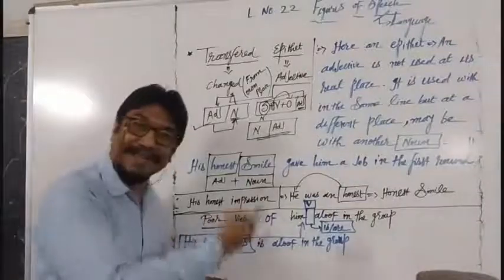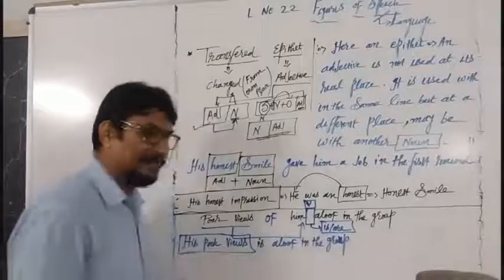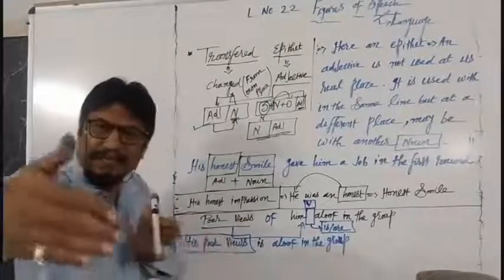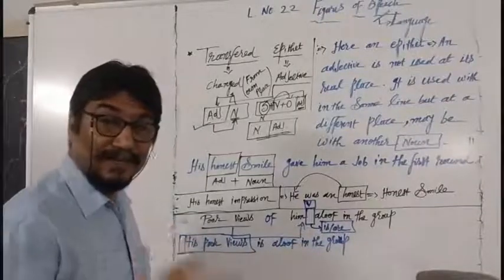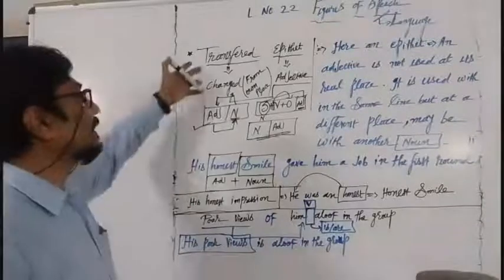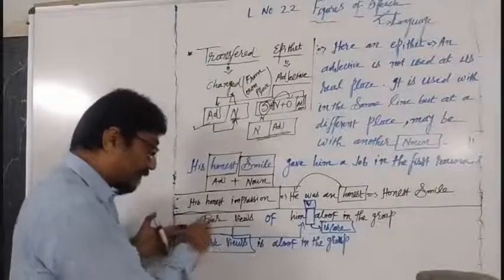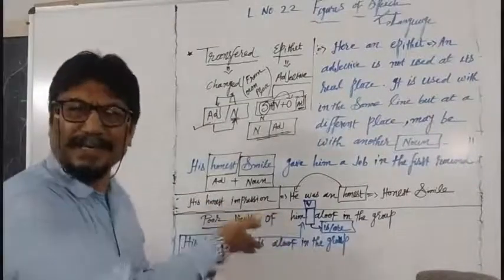Poor views of him, is or are? Aloof in the group, totally different from the group. That is what? That is transferred epithet. Because poor views of him, his poor views, write it down in that way.